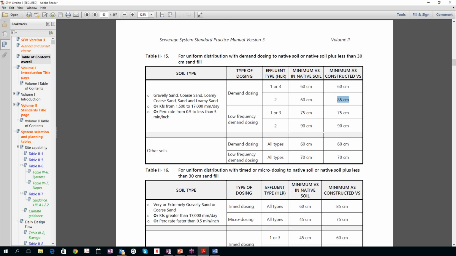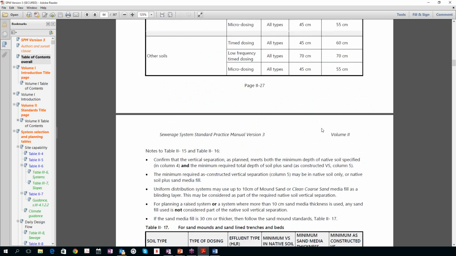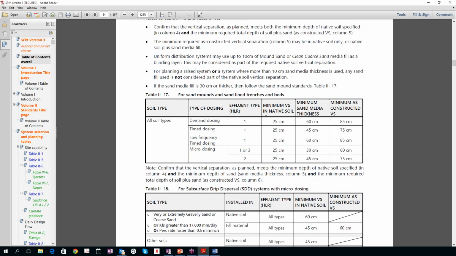And let's have a look at that. So for sand mounds, we have 3 different columns. We have to meet, in this example, the native VS. We have to meet the minimum sand media thickness. And in this case, 60 plus 25 is 85.